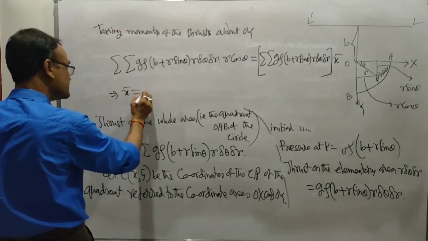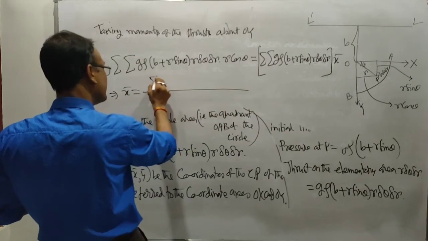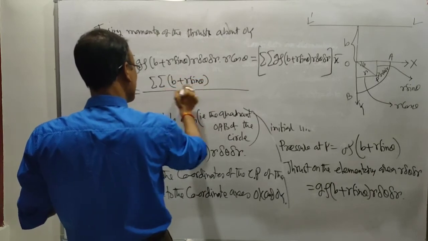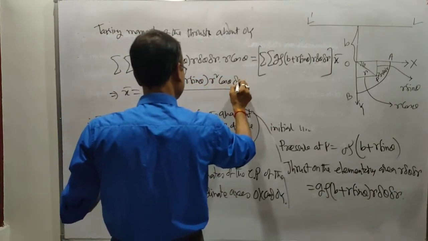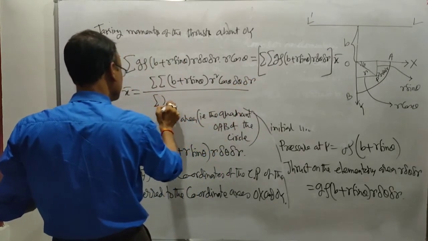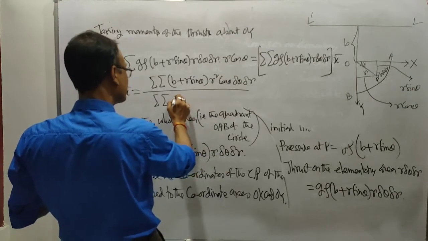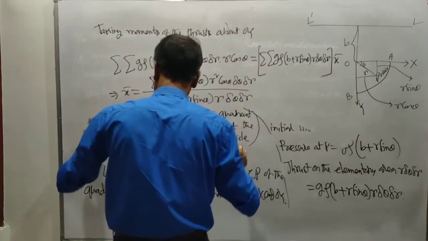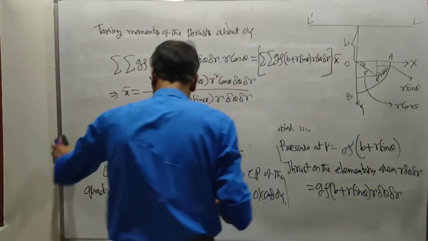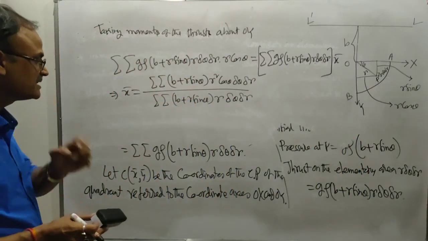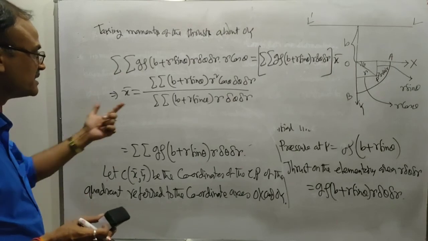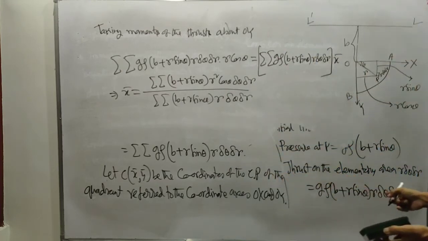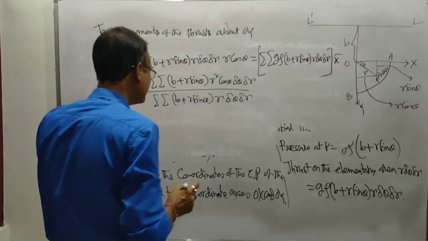This means x bar equals, 0 will be cancelled, b plus r sin theta into r square cos theta delta r over b plus r sin theta into r delta theta delta r. Now convert it to integration.